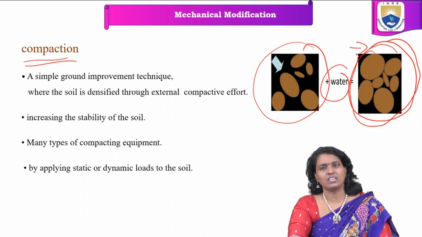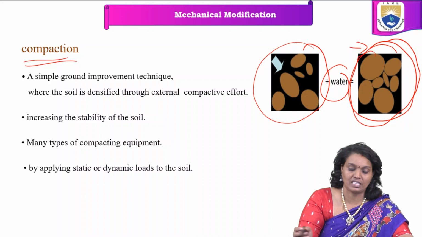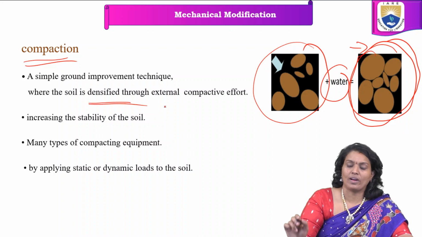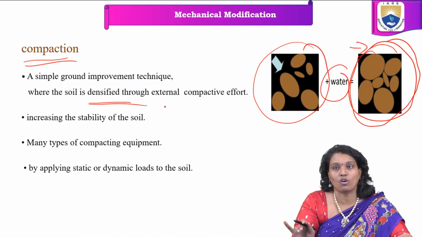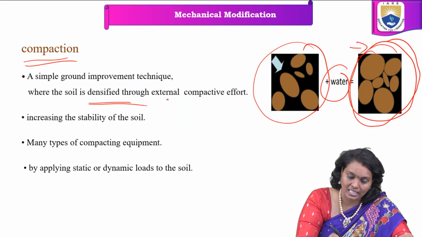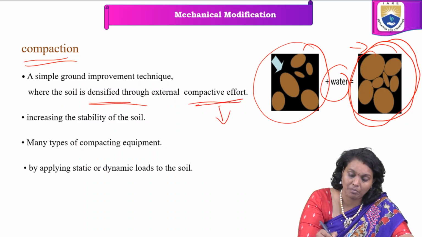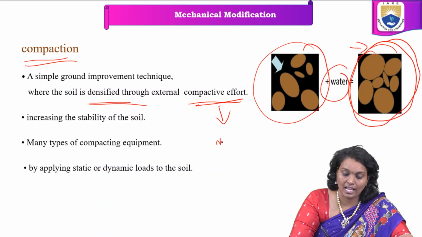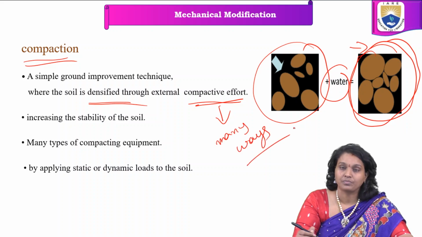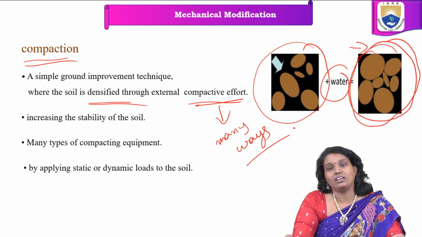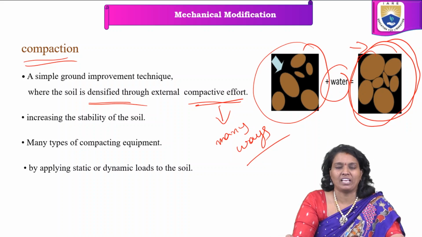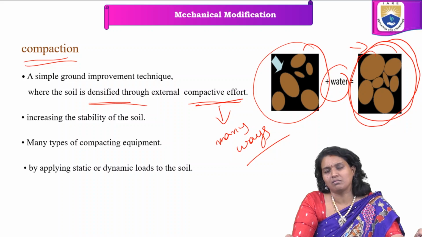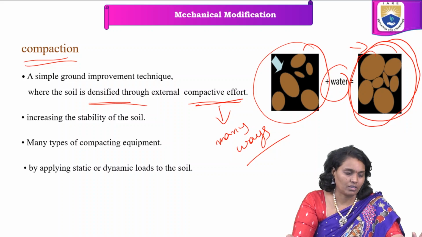Based on this compaction, we densify the soil using an external compactive effect. This external compactive effect may be applied in many ways, and availability and requirement both play a key role in adopting the better technique.